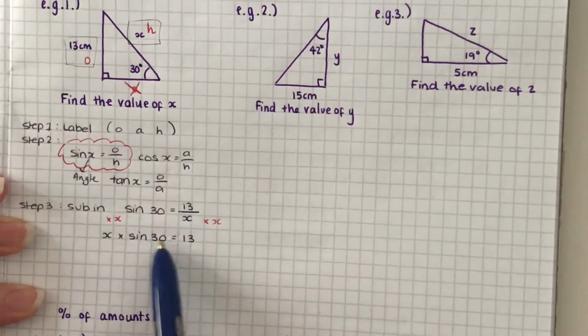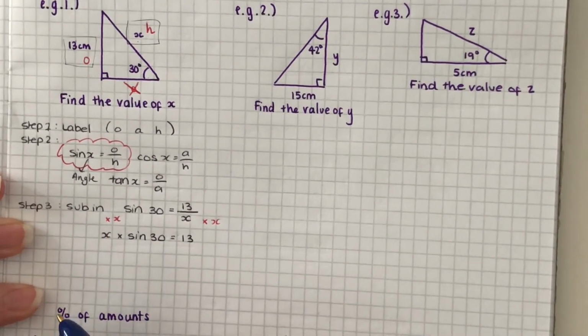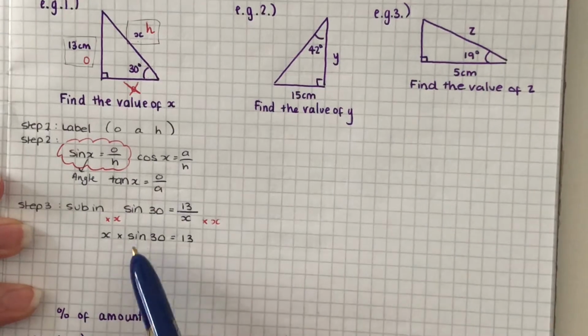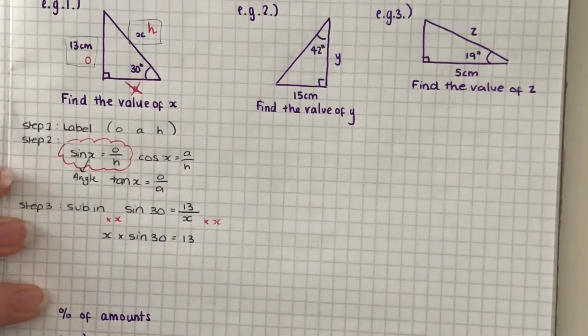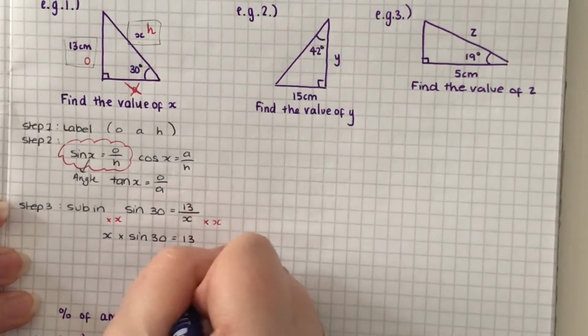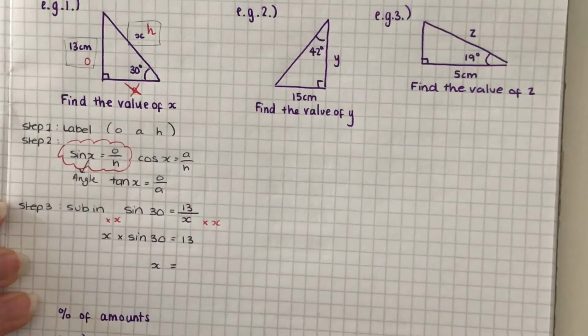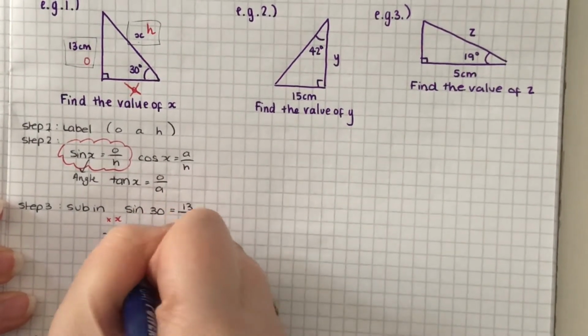Now the reason why I've written it like this is because you can't multiply X with sine 30, because X is a letter and obviously this actually is a number. It might not look like a number, but if you typed it in a calculator you'd get a number. So to get X on its own, rather than having the sine 30 with it, we need to divide both sides by sine 30.